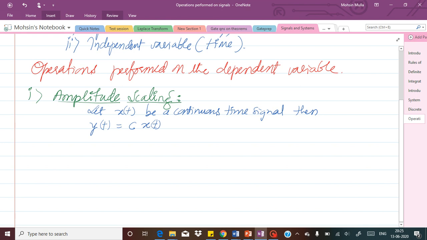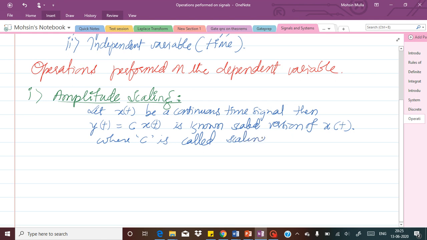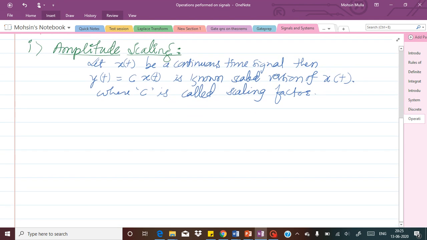This is called the scaled version of x of t, where c is called the scaling factor. The signal y of t is obtained by multiplying the scaling factor c with all the magnitudes of x of t, so you can understand it with a simple example.